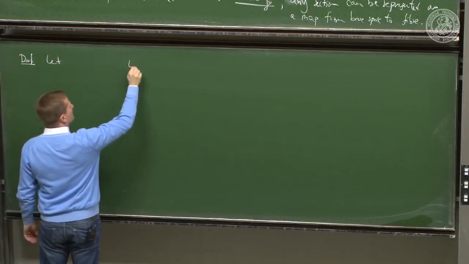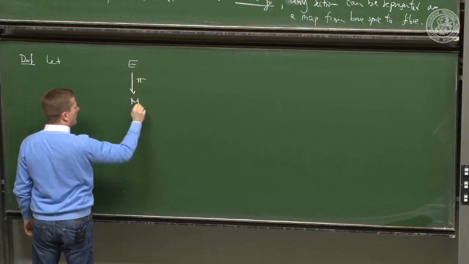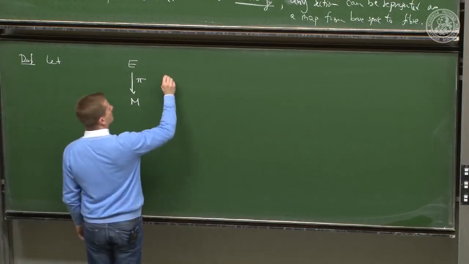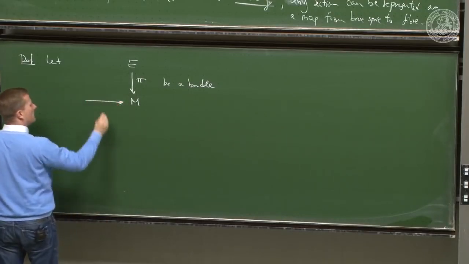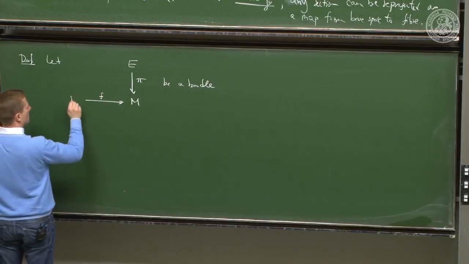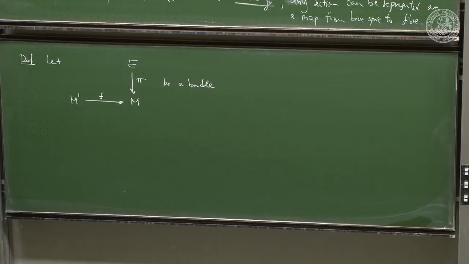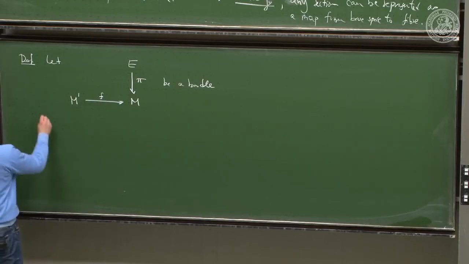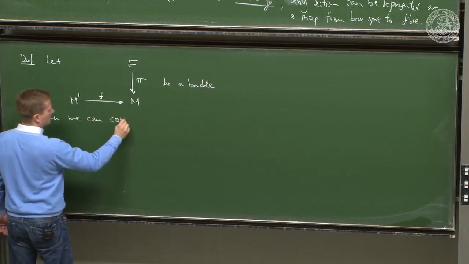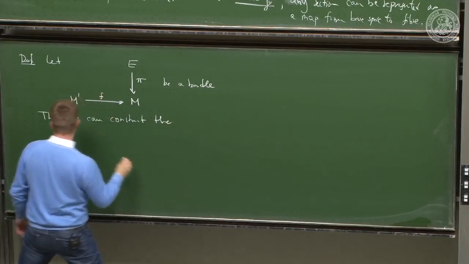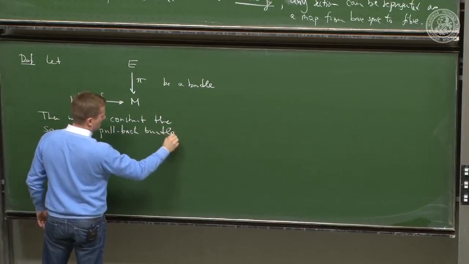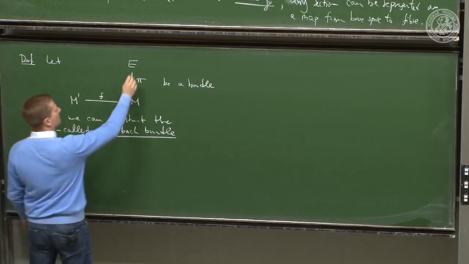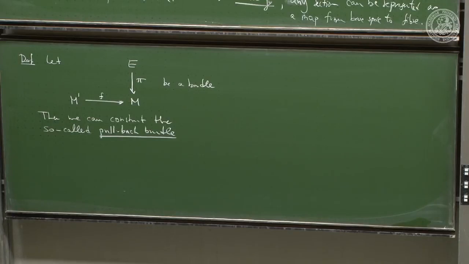Let E, with projection pi, over M be a bundle, and let there be a map F given that starts in some space M prime and sends it to the space M. Then we can construct the so-called pullback bundle from these data.